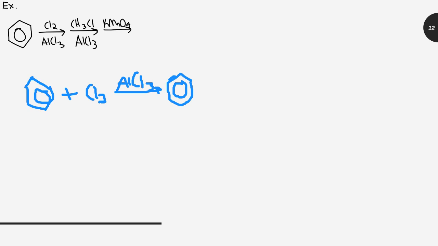He wouldn't count it wrong if you didn't write out the byproducts, because this is the product we really care about anyway. That would give me the first step. Then if I react this with, what did I even write there? Because I can't see it. Methyl chloride.